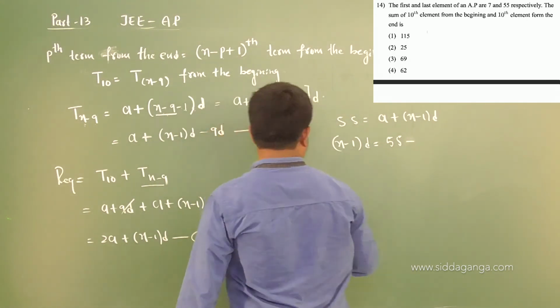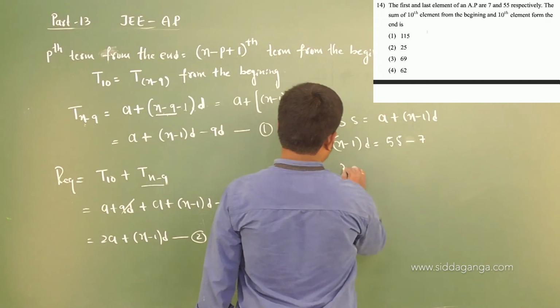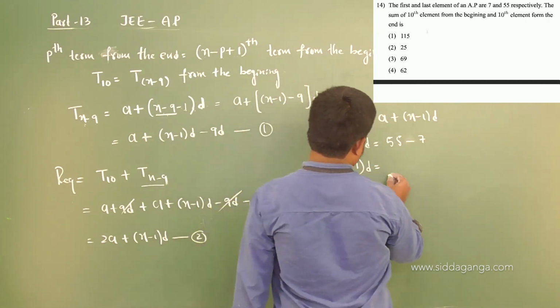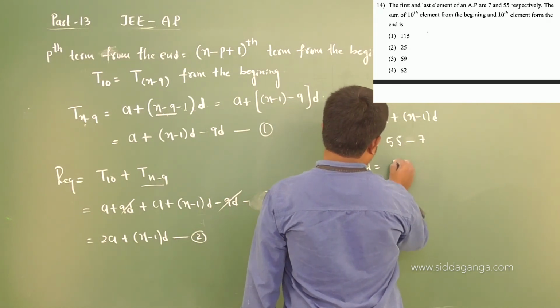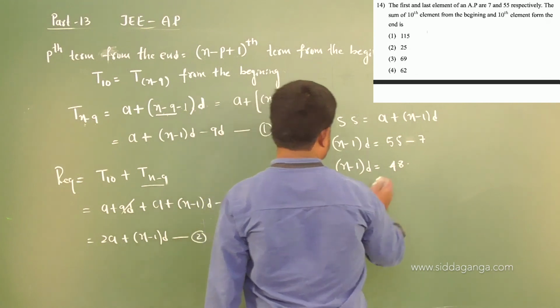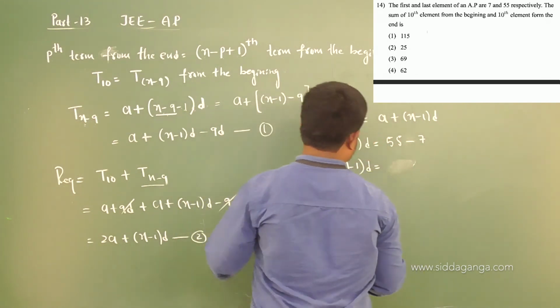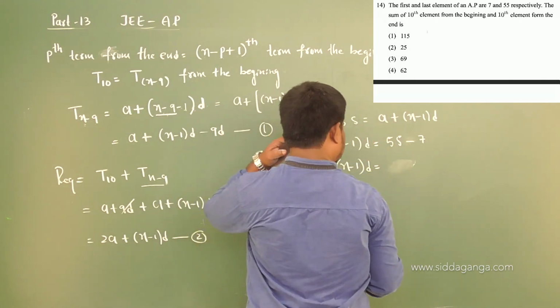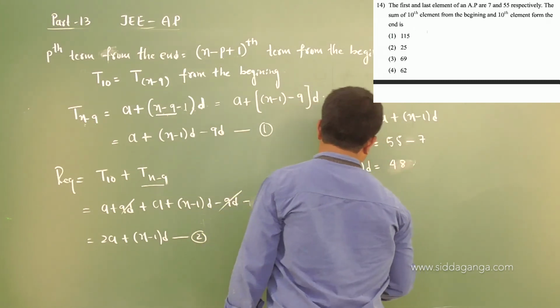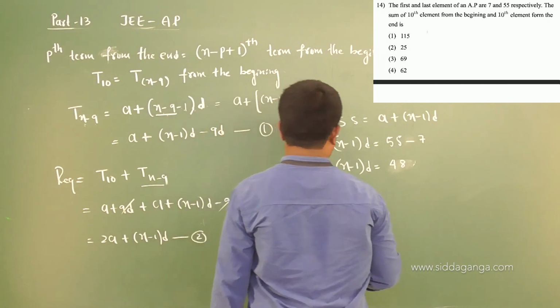Yes, 7 is the first term. So n minus 1 into d is 48, right? 48 plus 7 is 55, right?